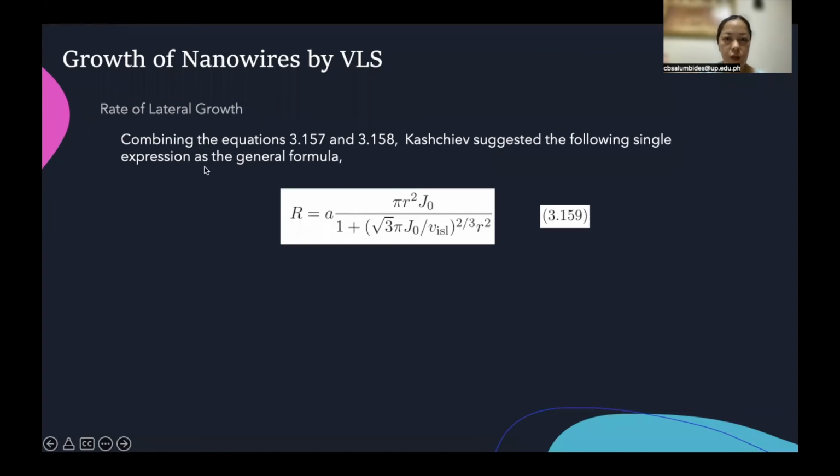This general equation 3.159 from Kashchev shows that the nucleation rate and growth rate constants' dependence on radius is neglected as the nanowires become very thin, meaning thin at the submicron level. And so this equation is not valid for very thin nanowires that are already close to the R minimum.